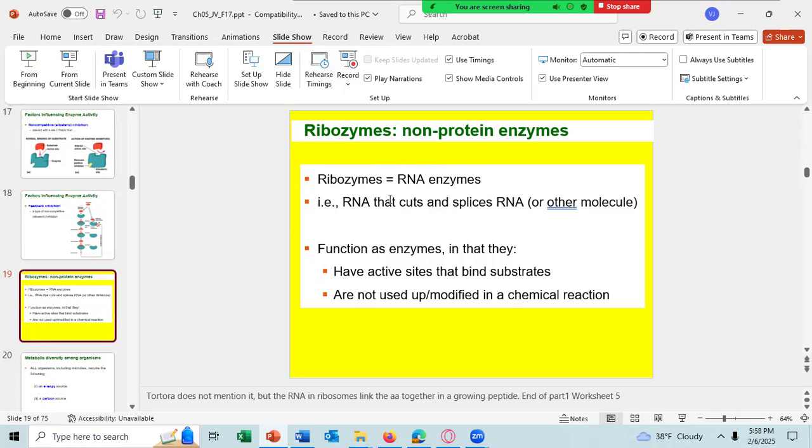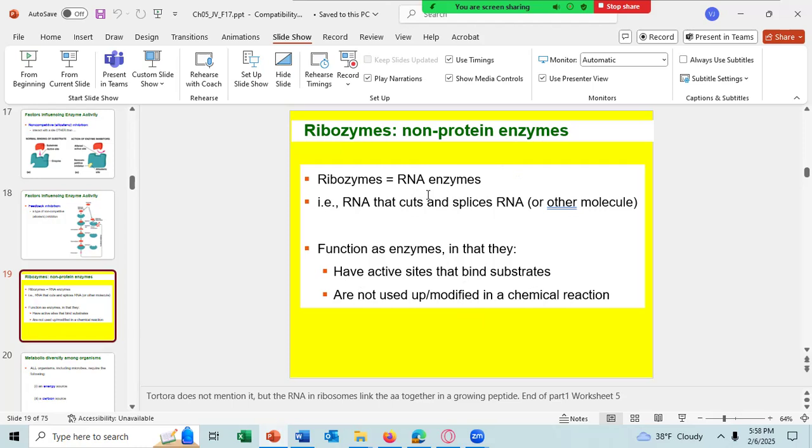These ribozymes function as enzymes in that they have an active site that actually binds to the substrate. And then the ribozymes are also not used up or modified in a chemical reaction. So a ribozyme is an enzyme. It's just an enzyme that's made up of RNA and not protein.